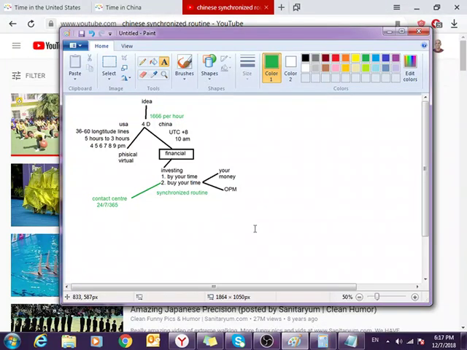Where am I going with this? Well, I'm going with this. Synchronized routine. I'm not going anywhere with this. Like this, did you see this? It's an amazing bar.